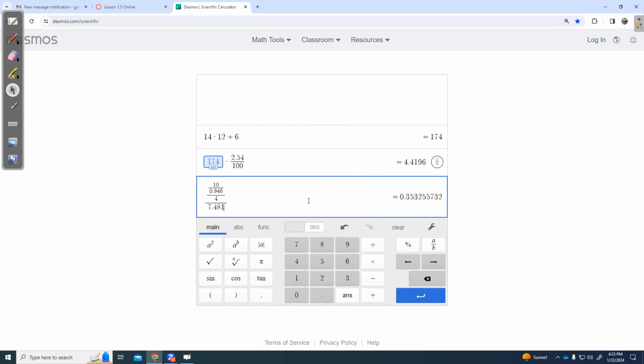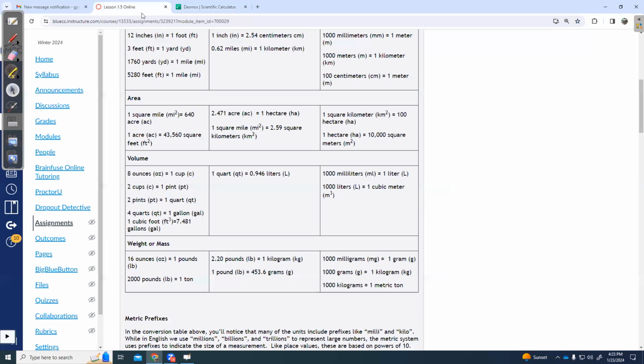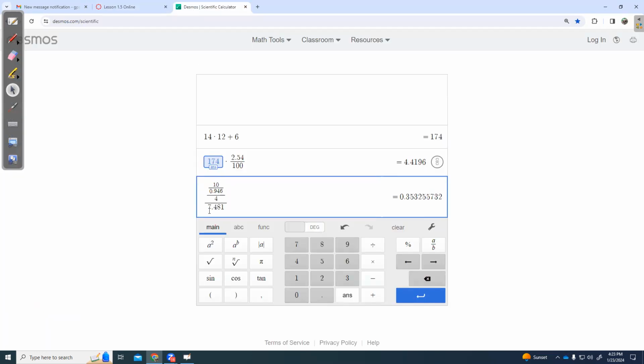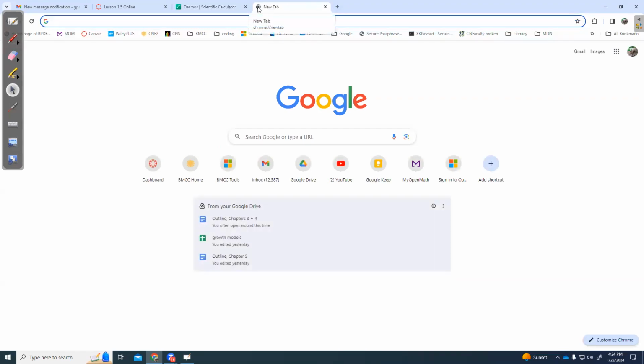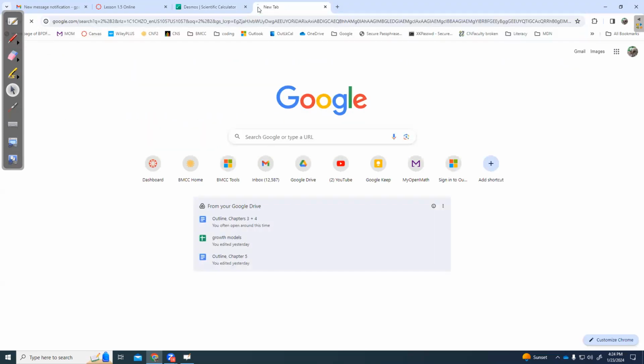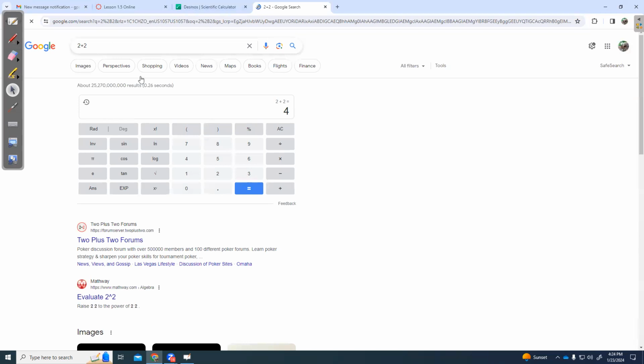I have to double check that one. And again, Desmos stacks it a little bit different. If that's freaking you out, then bring up something like the Google calculator. So if I just do 2 plus 2 to confirm, that will do it out lengthwise.